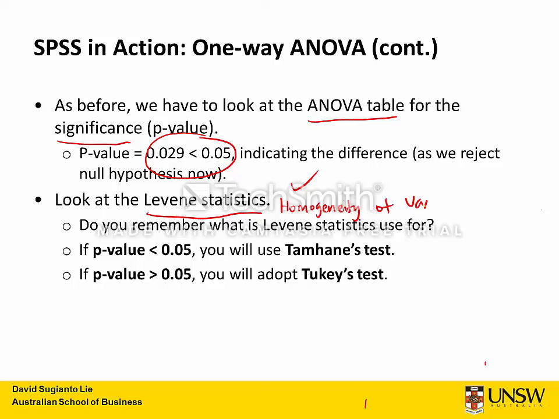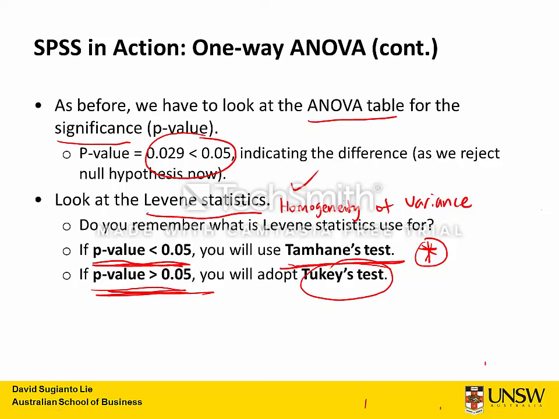Now, for the test of homogeneity of variance, if the p-value is less than 0.05, we will use the Games-Howell test. So you just have to memorize this. If the p-value is more than 0.05, then you will use Tukey's test.